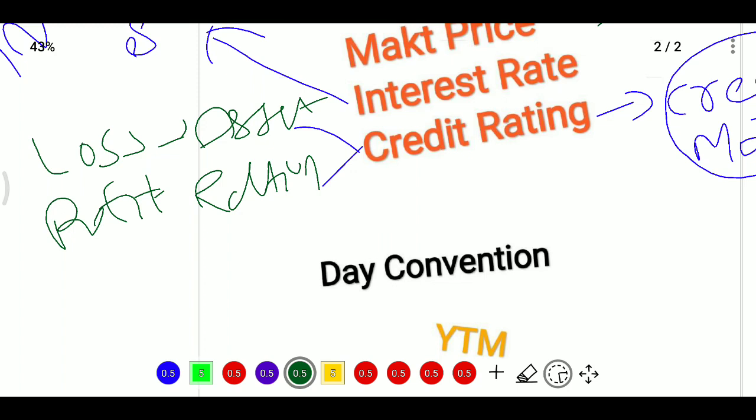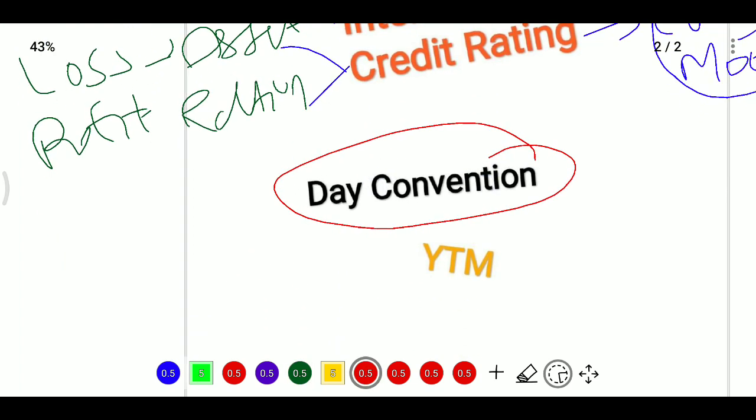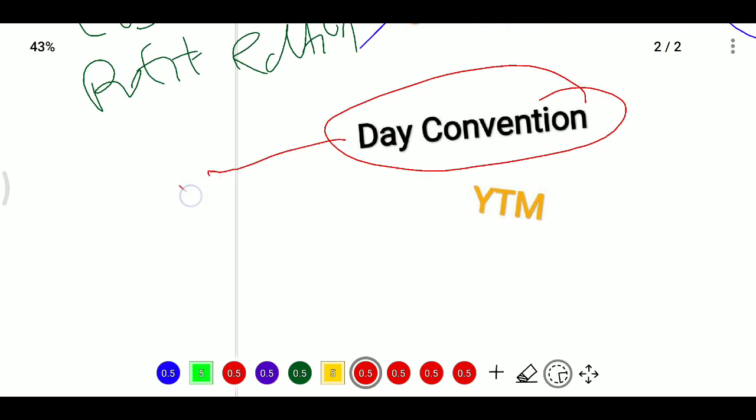That is the concept. Now, the interest accrual concept: for interest accrual calculation we need to take the number of days. Day convention means the number of days used in the period to accrue interest.